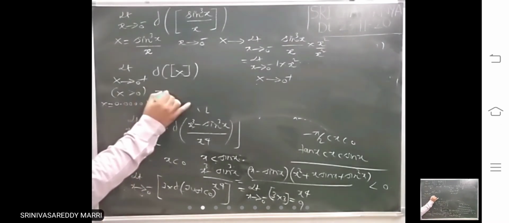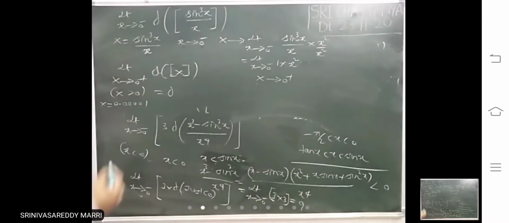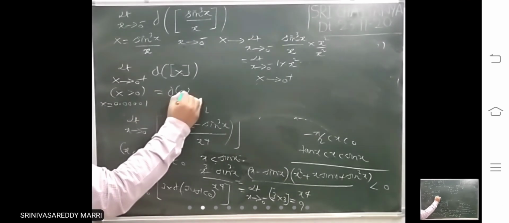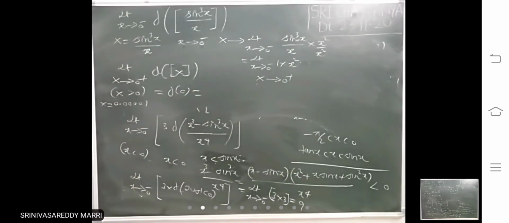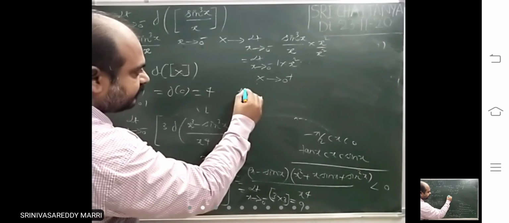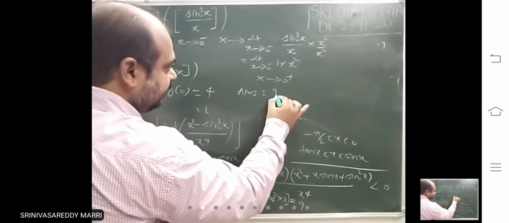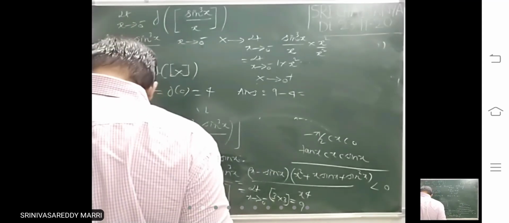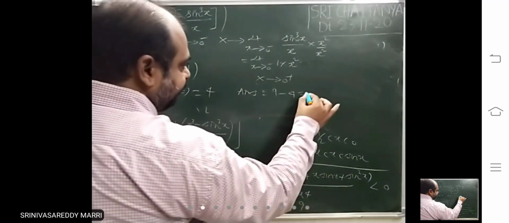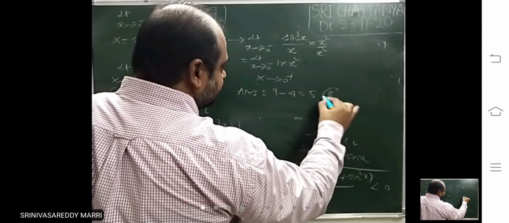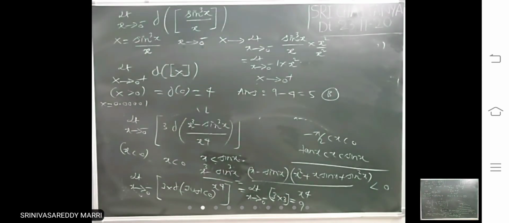So f of step of 0.0001 is nothing but f of 0. F of 0 is given as 4. So your required answer is 9 minus 4, that is 5. B option.